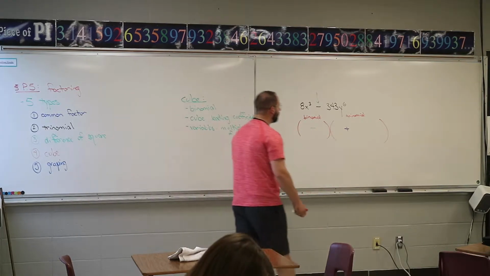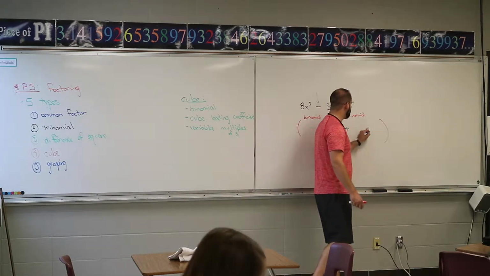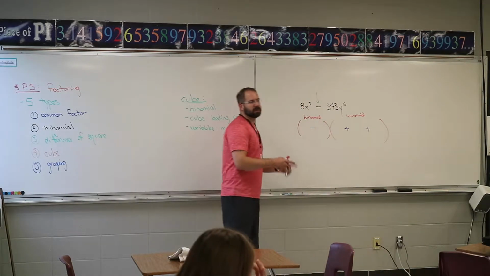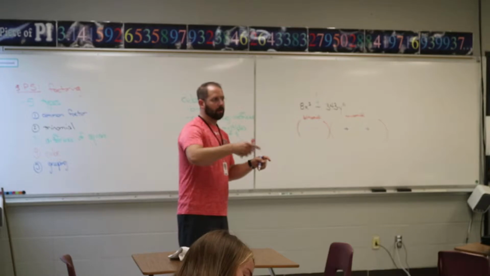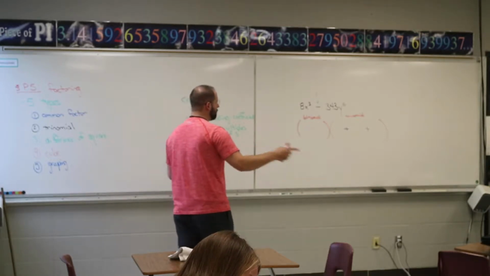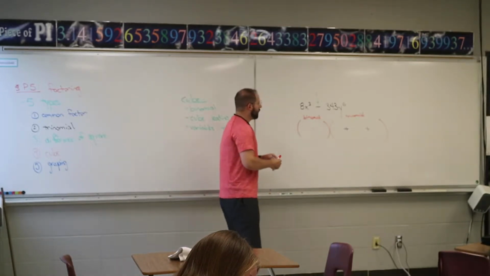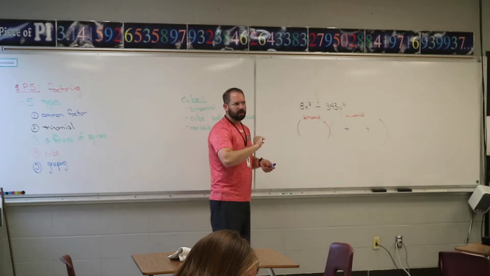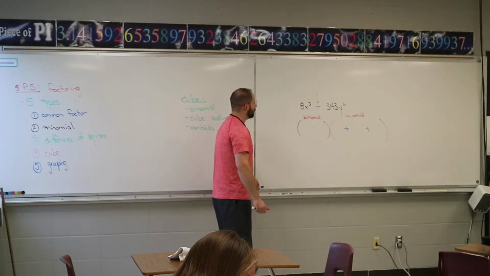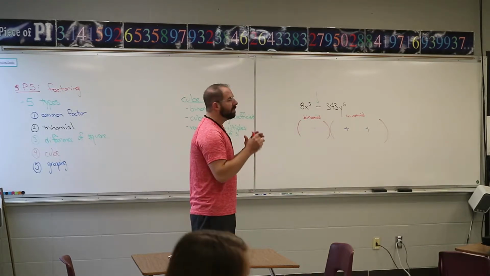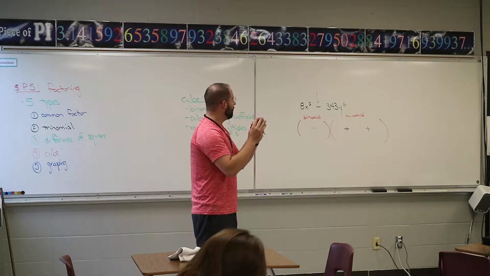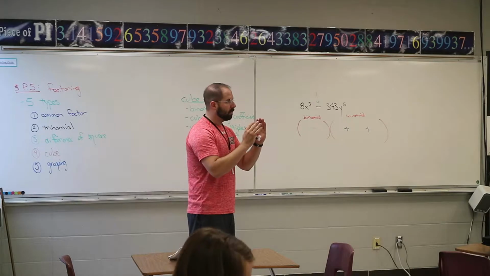And then the symbol in the very back has to always be a plus, no matter what. So the acronym we used yesterday was called SOAP: Same, Opposite, Always positive. That's a little acronym. I think your book even has it printed in the little margins. Okay, now, to get the first parenthesis, that binomial, that's the most important thing you could be doing.